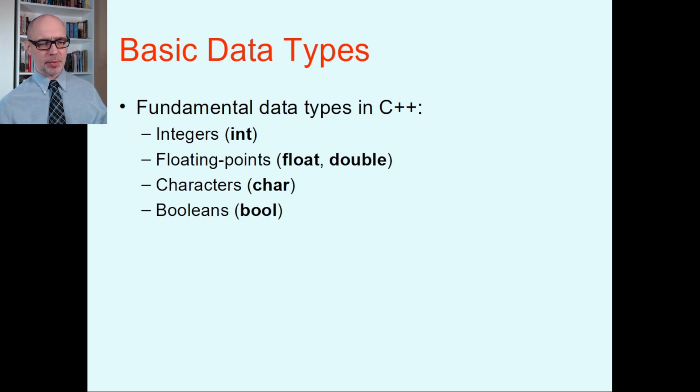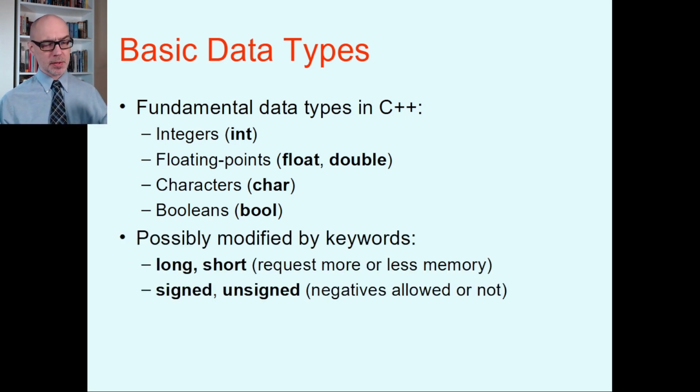Now, details about that. These data types are possibly modified by certain keywords. When you're declaring a piece of data, like an int or a character or something like that, you can prefix them with either long or short, where you're requesting the compiler give you more or less memory for this particular data type. You can also prefix the numerical types with signed or unsigned.